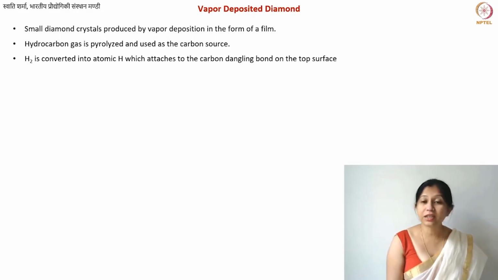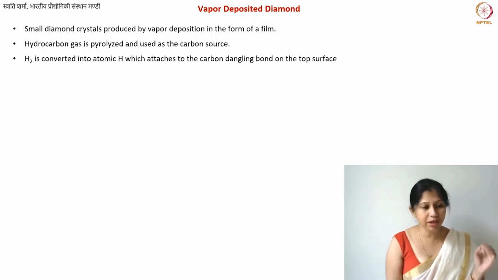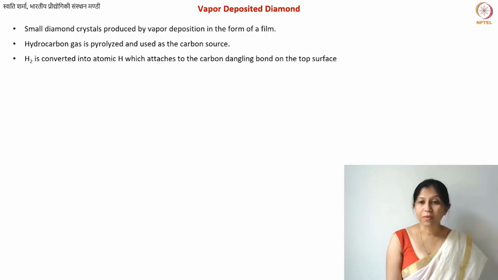It turns out that the most important difference between the deposition mechanism of diamond and graphite is the presence of atomic hydrogen. When we were performing CVD of graphite or graphite-like materials, we often had hydrogen as the carrier gas, or it was mixed with methane. So you will say that there also we had hydrogen, here also we have hydrogen. What is special about diamond formation?